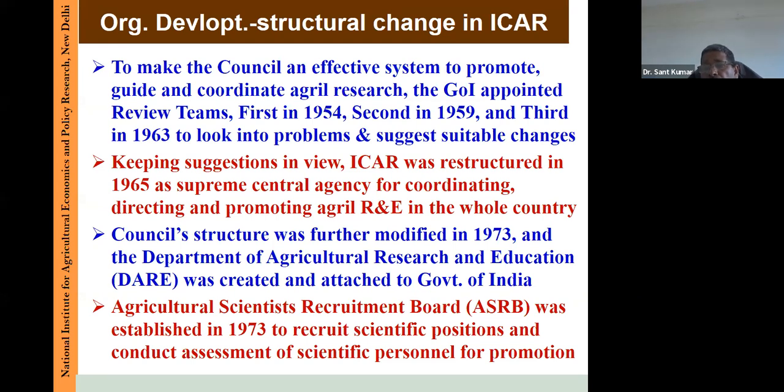The council structure was further modified in 1973, and the Department of Agricultural Research and Education, DARE in brief, was established and attached to the government of India. The main idea was to have a link with the government for collaboration and guidance.